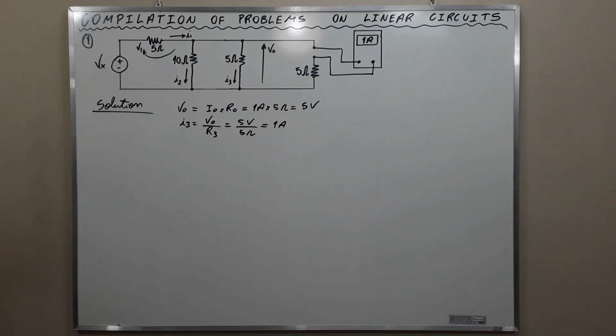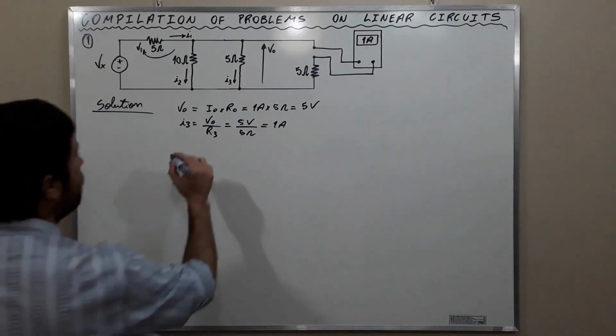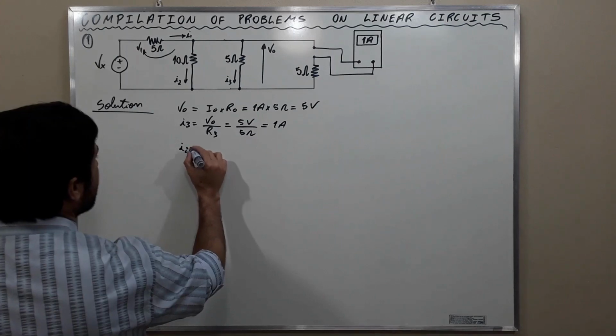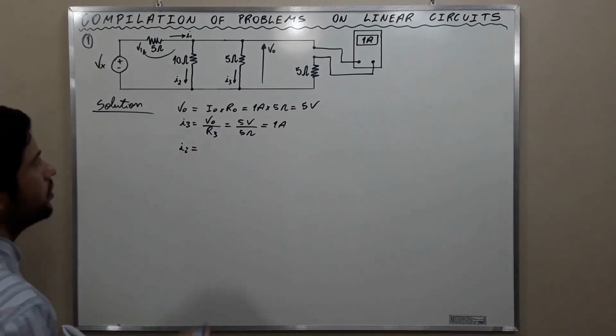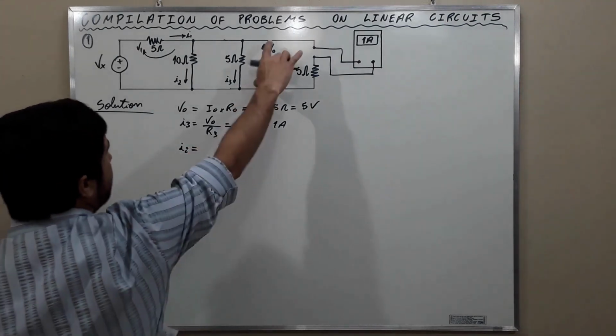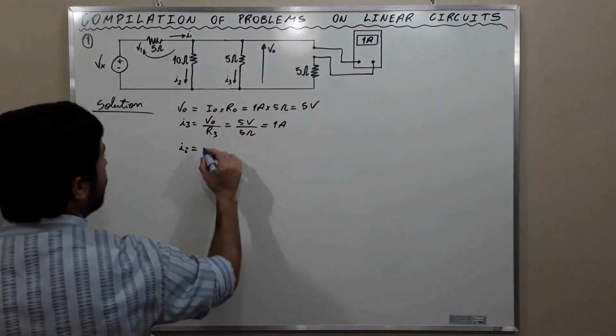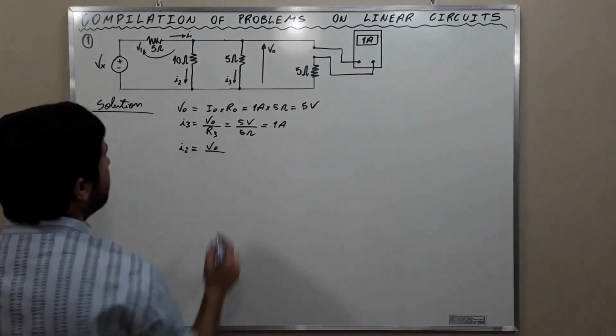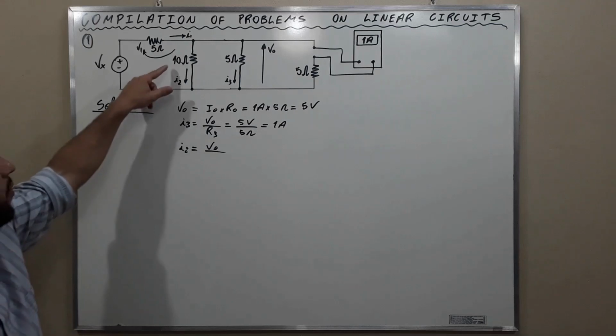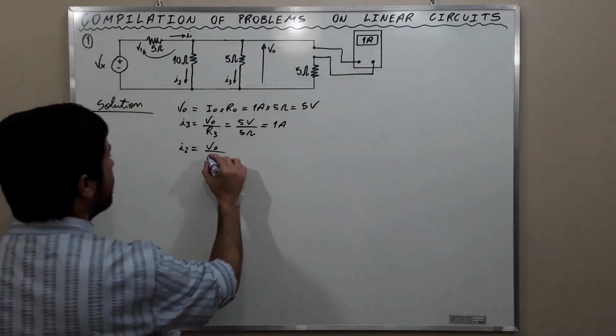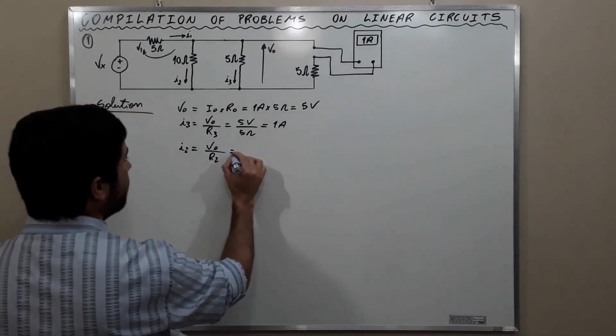Likewise, we can calculate I2 as the division between the voltage VO and the value of the resistance. We're calling it R2.